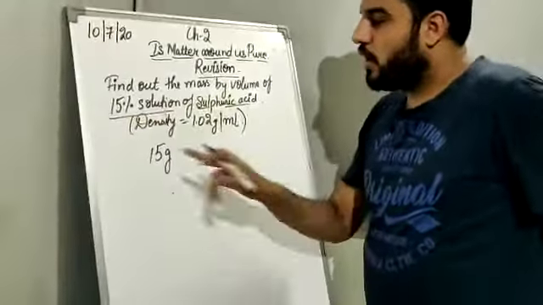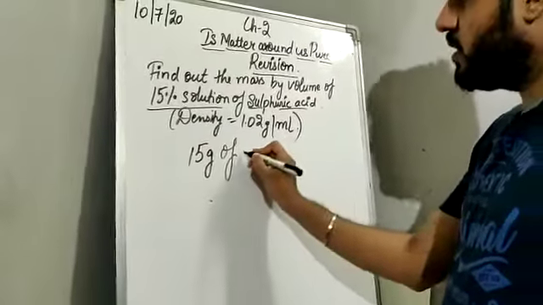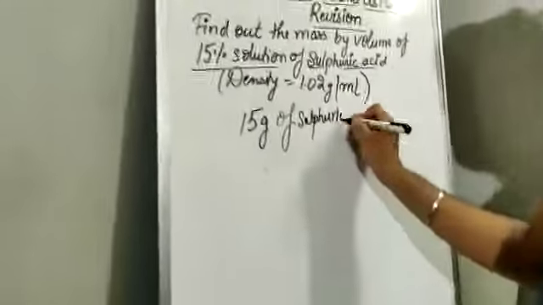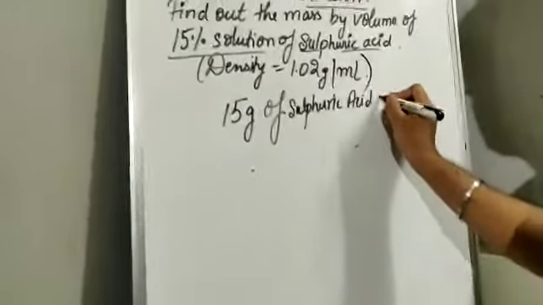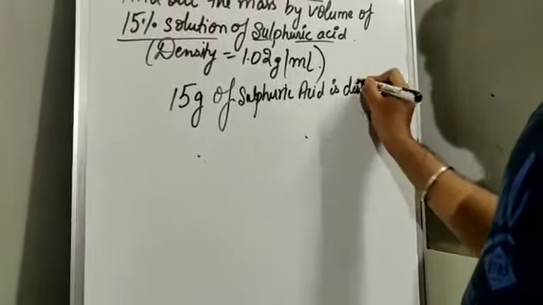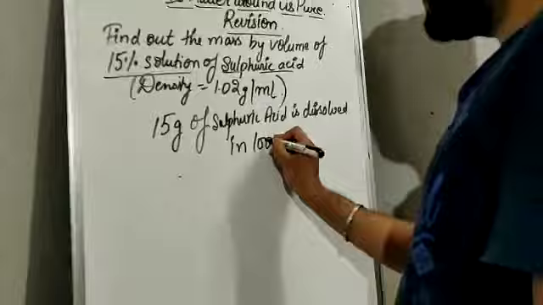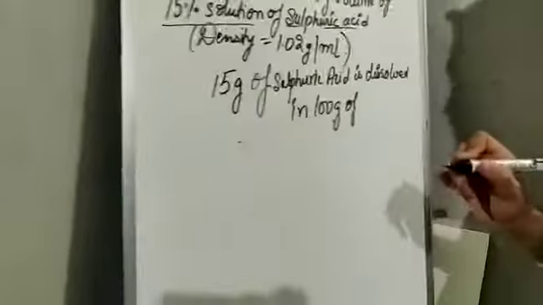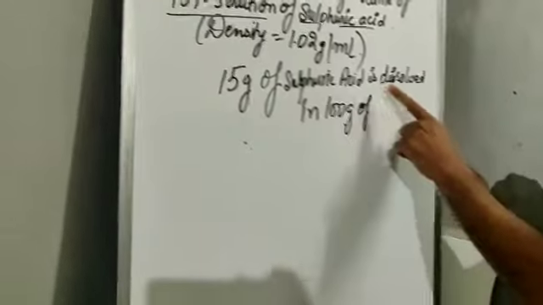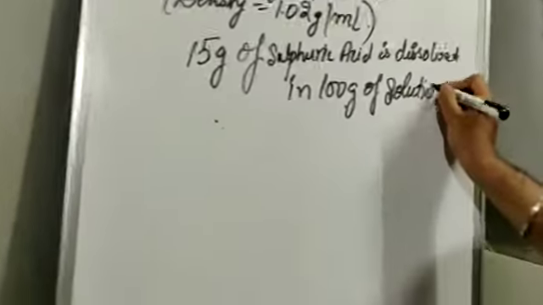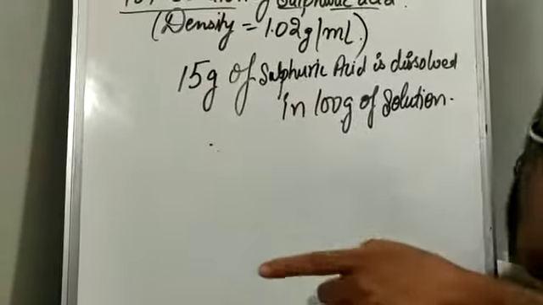So it means 15 gram of sulfuric acid is dissolved in 100 gram of solution, because the percentage is out of 100.